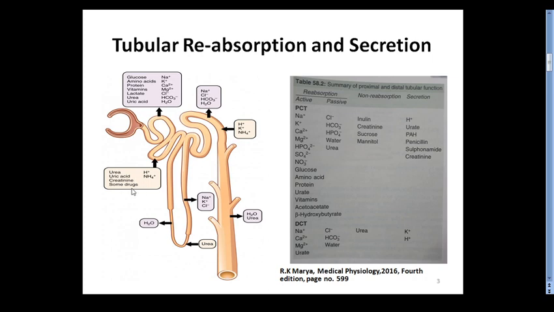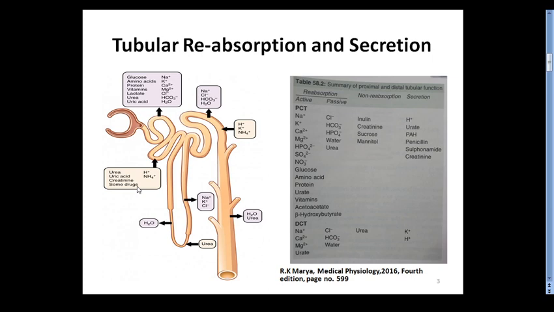Some drugs which are excreted out into the urine, I will just name a few common ones, like penicillin. Penicillin is actively secreted from the blood vessels into the renal tubules, and its secretion is so fast that its plasma concentration falls below the level needed and its pharmacological effect is not obtained.